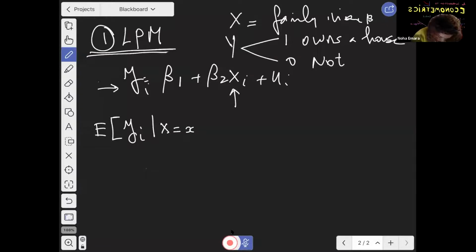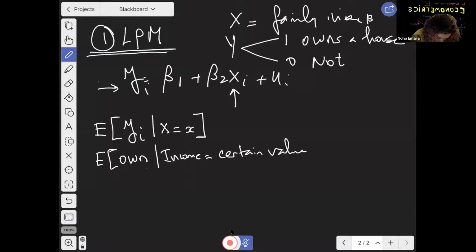This is just a notation. So I'm trying to find the expectation of owning a house given income is equal to a certain value. This is exactly what you want to do.